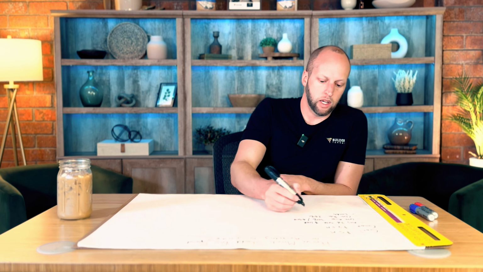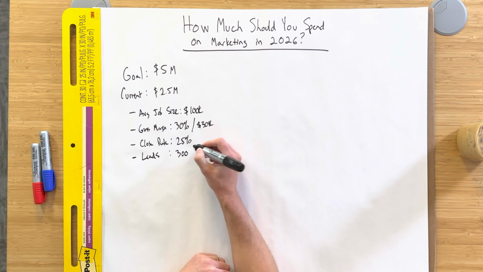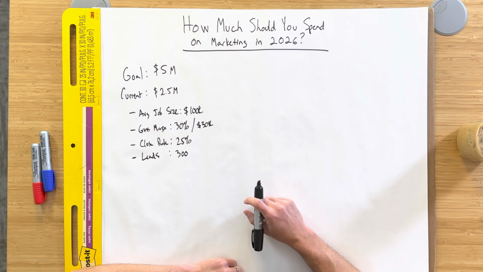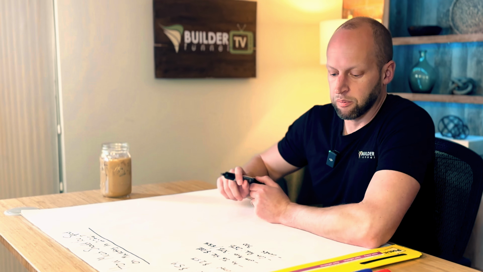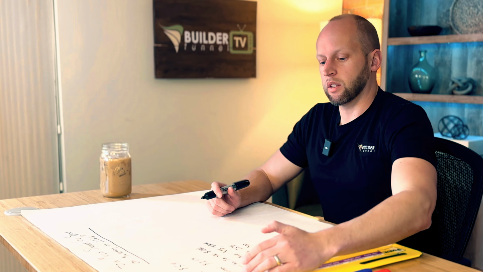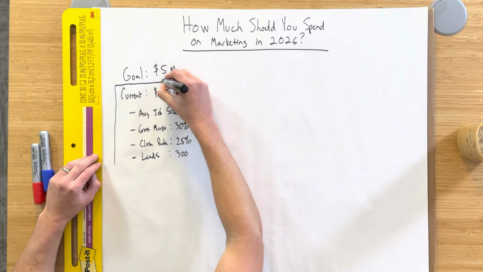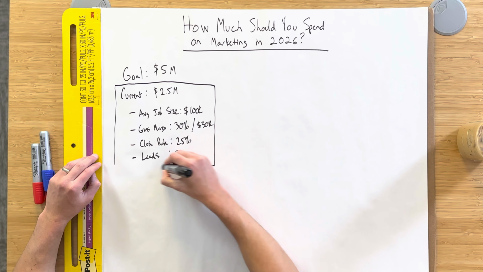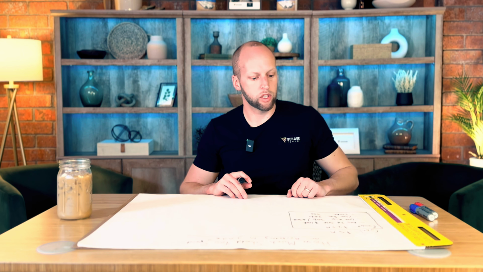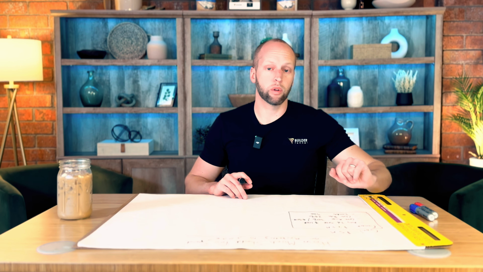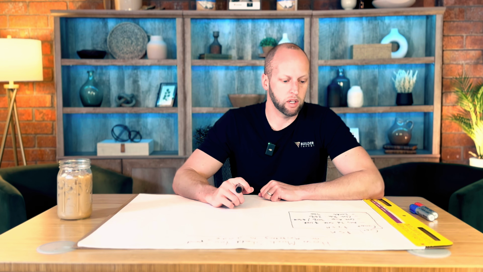In this case, we had a total of 300 leads that came into the business, so a little less than 30 a month. Okay, so this gives us our current state snapshot. That's what 2025 looked like, and going into the next year, we've got some aggressive growth goals. We're trying to double the business and get to 5 million.